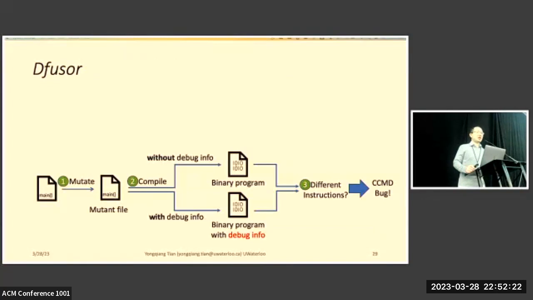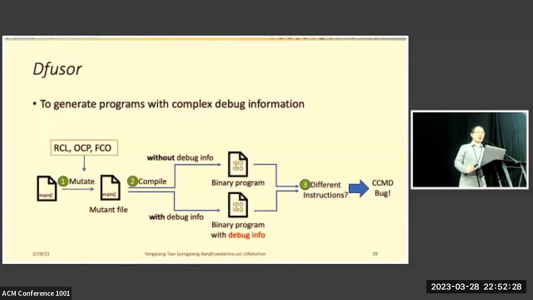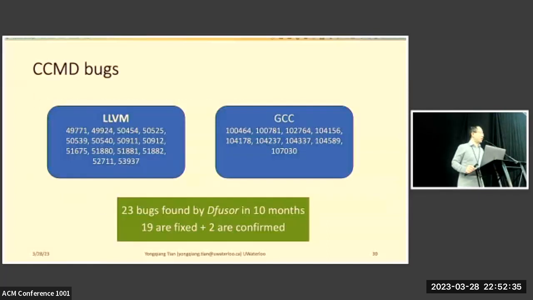So in summary, in Diffuser, we use 3 mutation operators to generate programs with complex debug information and programs triggering complex optimizations. In total, our approach found 23 bugs in both LLVM and GCC, and 19 of them have been fixed, and 2 of them are confirmed.